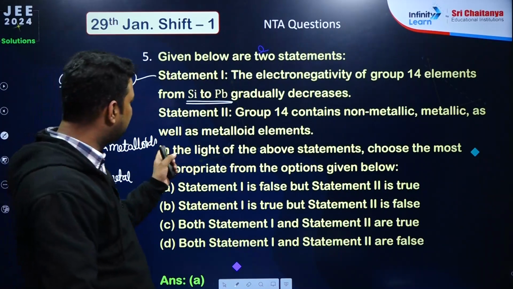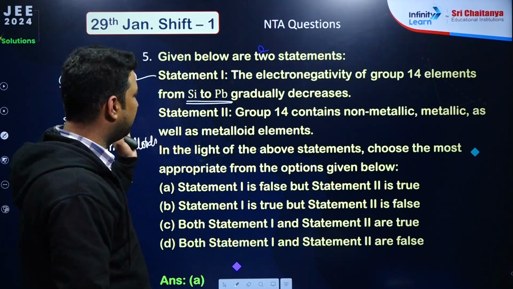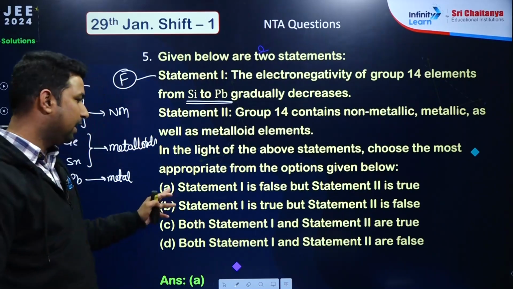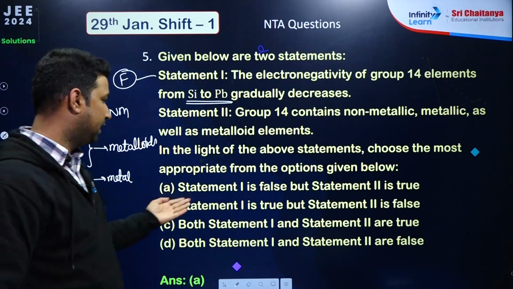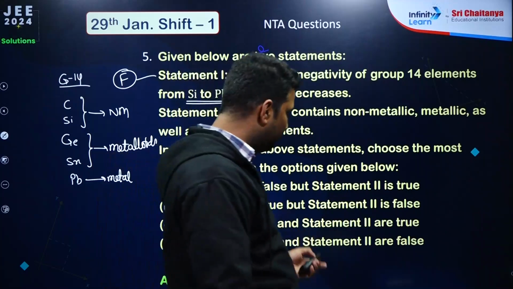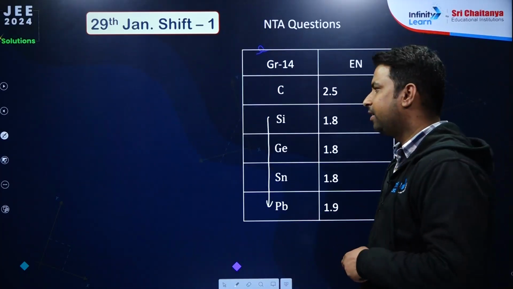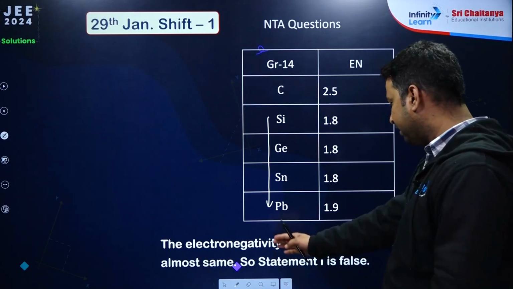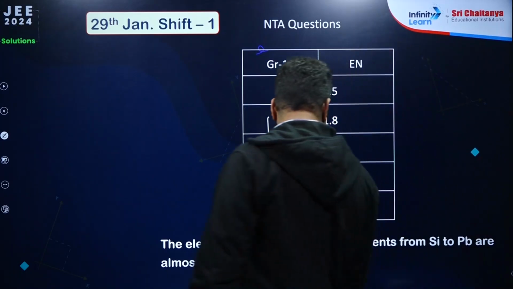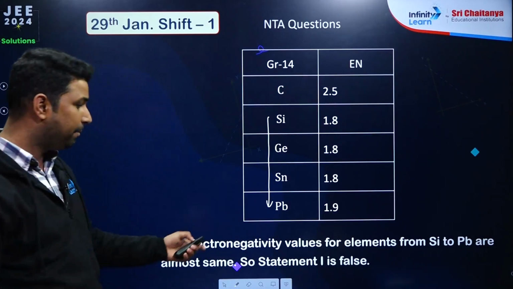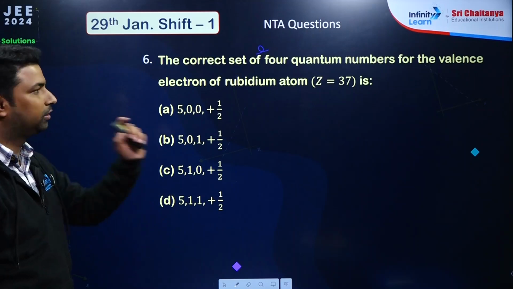So statement 2 is correct. Option A is correct: statement 1 is false but statement 2 is true. The electronegativity values from silicon to lead are almost the same, so statement 1 is false.